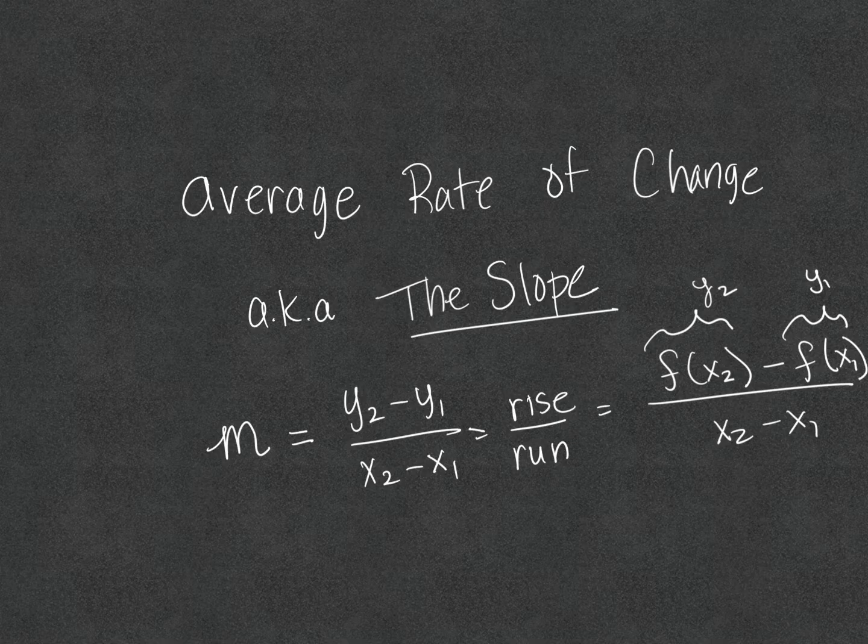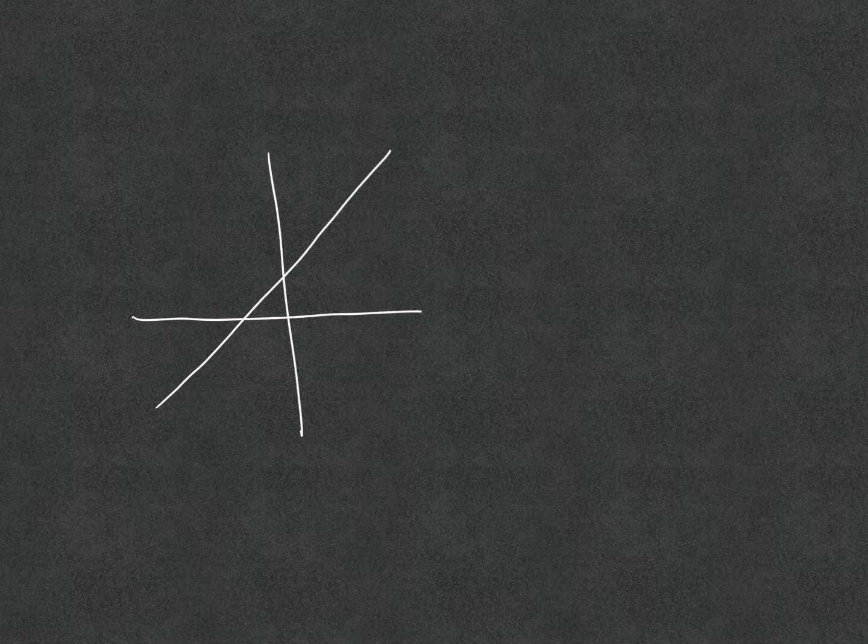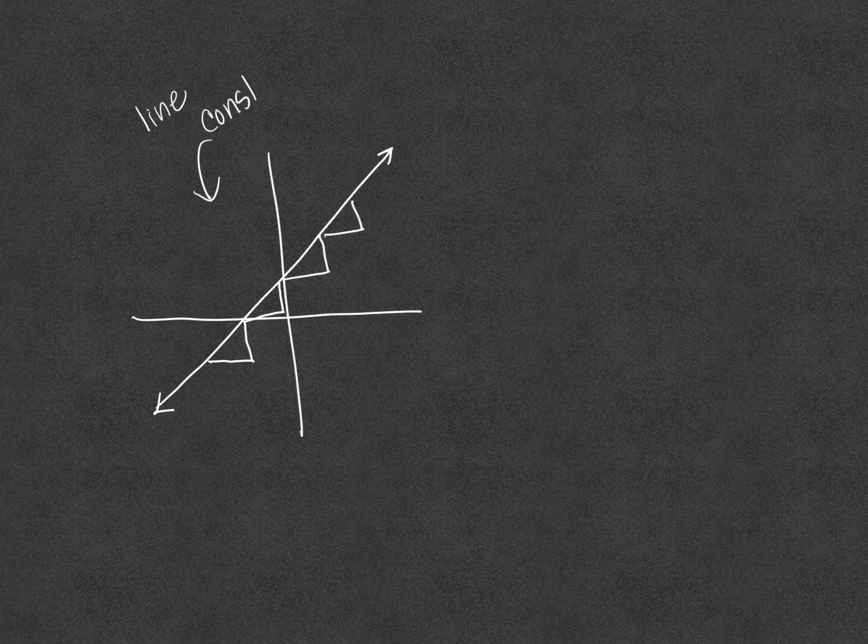Now we're talking more about an average rate of change instead of a slope, because a slope makes a lot of sense when your rate of change is constant, meaning it's a line that always goes up the same amount each time. So this would be a line which has a constant rate of change.